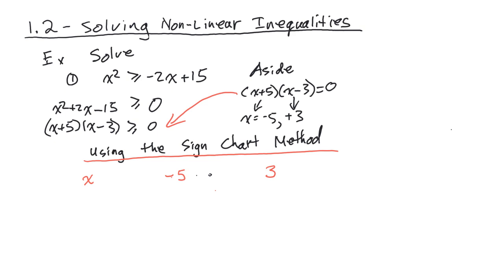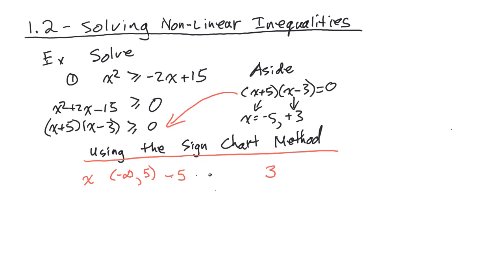Then what I do is I fill all the space with interval notation. Think of this as a number line going from negative infinity to just before negative 5. So that's what our round bracket means.